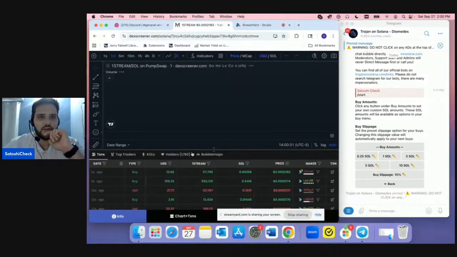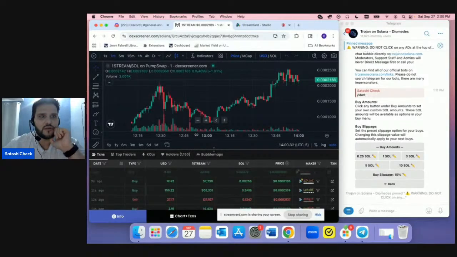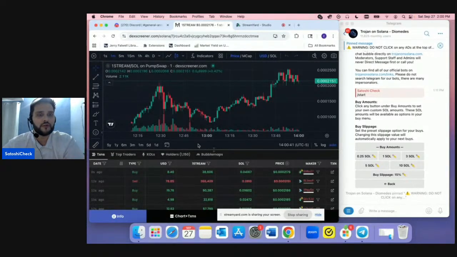A few of these tokens, let's look here. This is one stream Sol. Also, you are going to get real tokens on here. I'm not saying meme coins aren't real tokens, but there are going to be RWAs and AI plays.